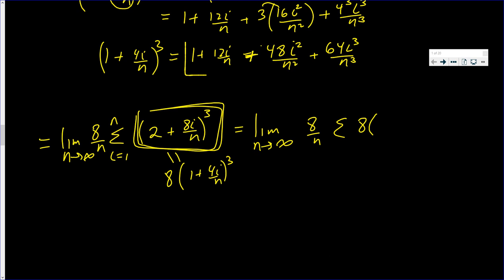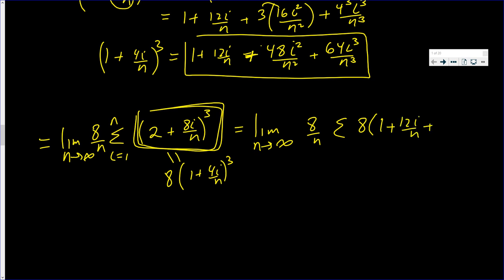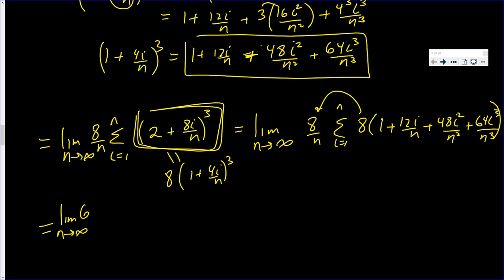And we now know what (1 plus 4i over n) all cubed is. It's 1 plus 12i over n plus 48i squared over n squared plus 64i cubed over n cubed. This equals, summation of i goes from 1 to n. I can factor out that 8, and I get the limit as n goes to infinity, 64 over n.